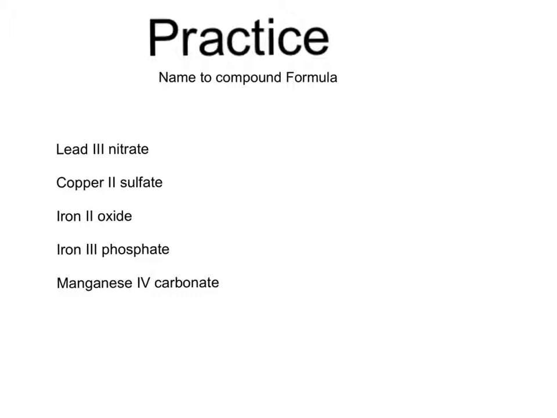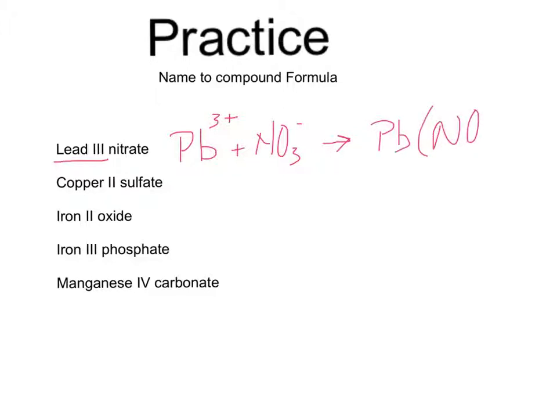So lead 3. Lead with a 3 plus charge, plus nitrate, which is one we have to memorize, has a -1 charge. So I'm going to have to write this as lead, okay, NO3, and I need 3 of them.